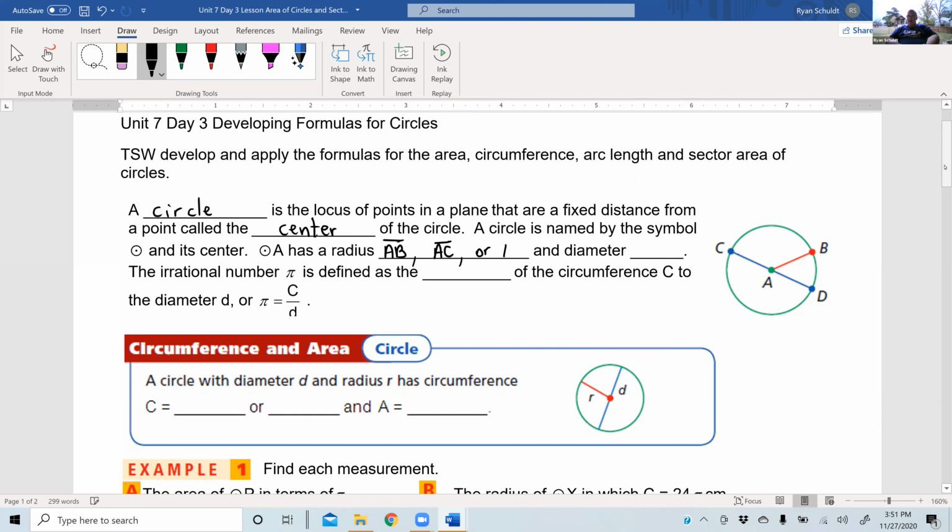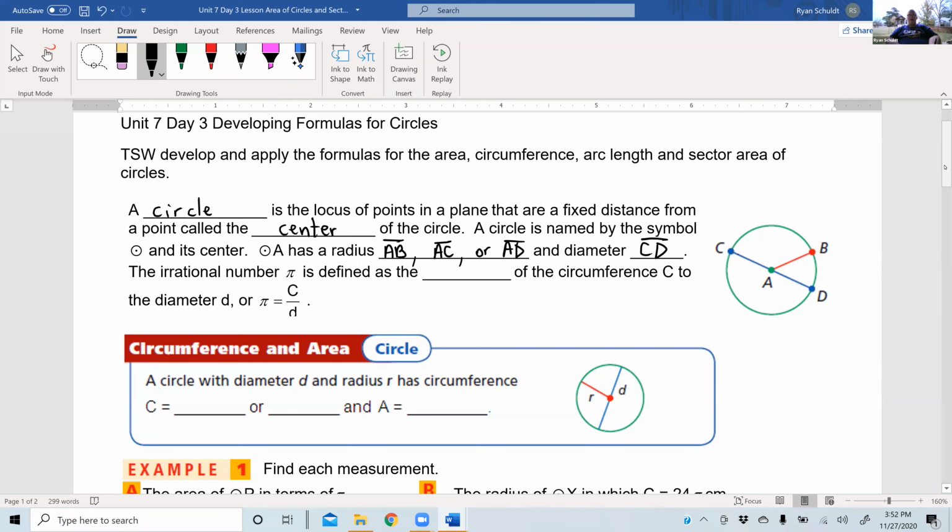Or you could say AD. Any of those would give you the same distance because you start in the center and you go to the outside. The diameter is the one that goes all the way across through the center. So the diameter would be CD. CD is what goes all the way across.